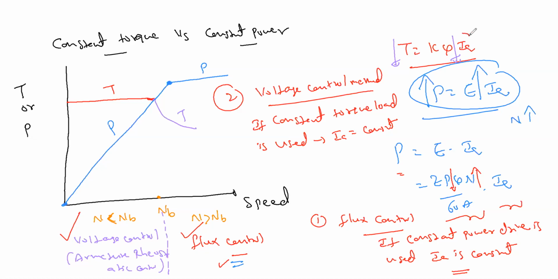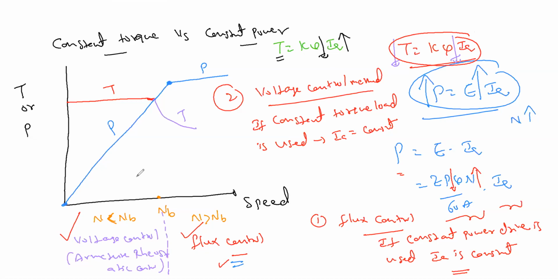If you use constant torque in flux control, T equals K phi IA: in flux control the flux should be reduced, but if T is kept constant, IA will increase, the armature current will rise. Understood?